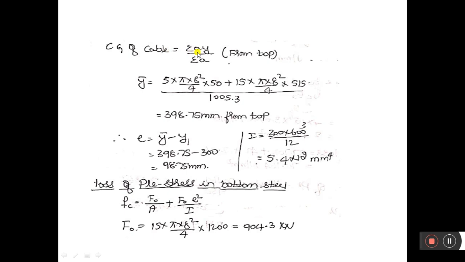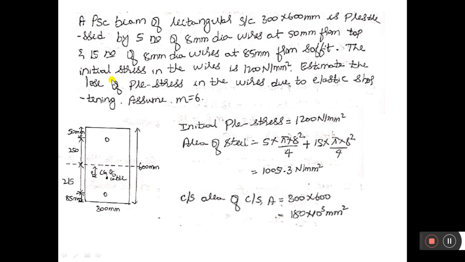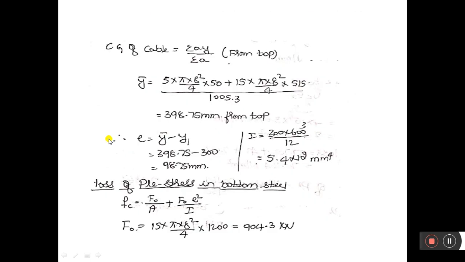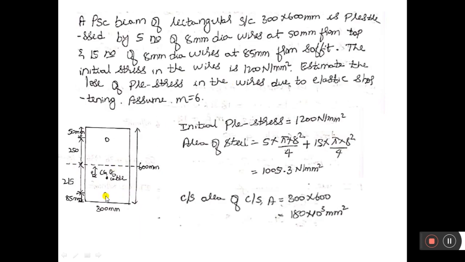It is summation of AY divided by summation of A. Therefore Y bar, the CG of these two cables, is equal to: first cable, cross section area of first cable is 5 into pi into 8 square by 4, and the central distance of the cable with respect to top fiber is 50. So cross section area of the top cable and its central distance with respect to the top fiber, plus coming to the bottom cable.